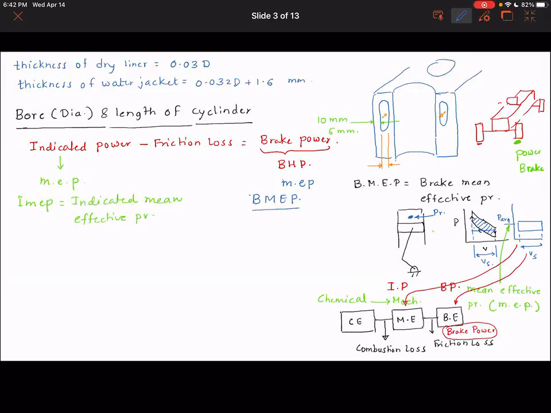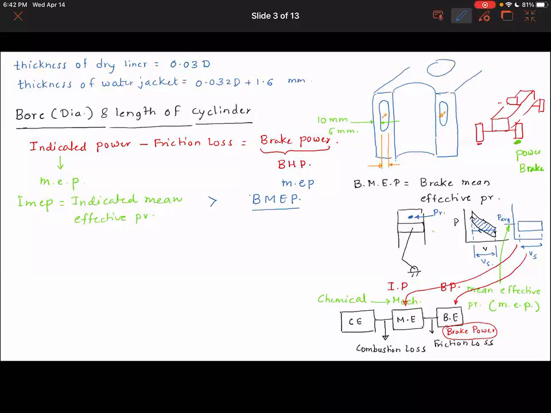Brake mean effective pressure is less than indicated mean effective pressure. But indicated mean effective pressure is the pressure that we should be concerned about when we are designing the piston cylinder assembly, because that is the maximum pressure that could occur inside the piston cylinder assembly, and that pressure is generated after the combustion.